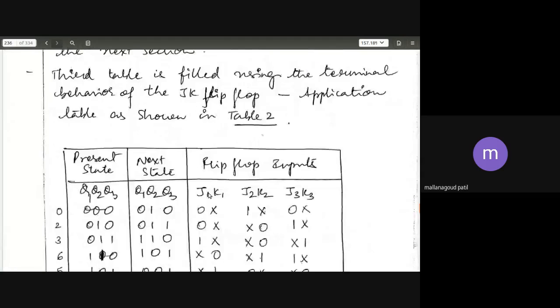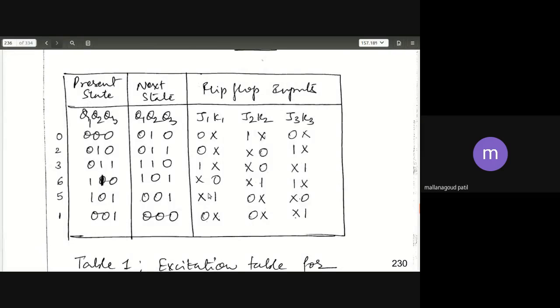Okay, now what you do? You had an idea for the J1 column, K1 column, J2 column, K2 column and J3 column, K3 column. How many columns do you have in the flip-flop inputs?